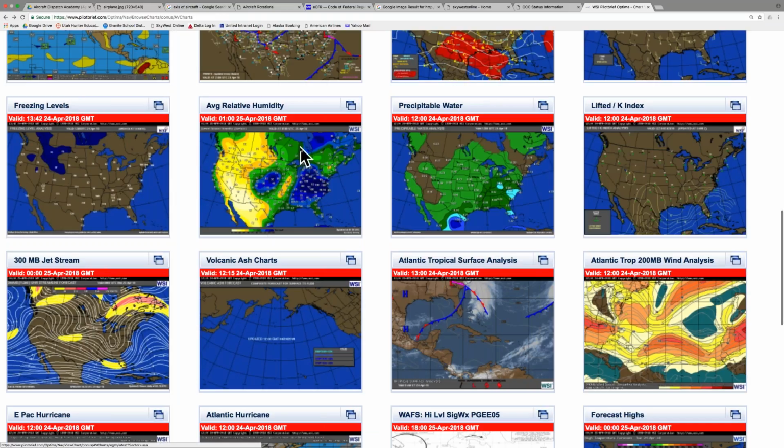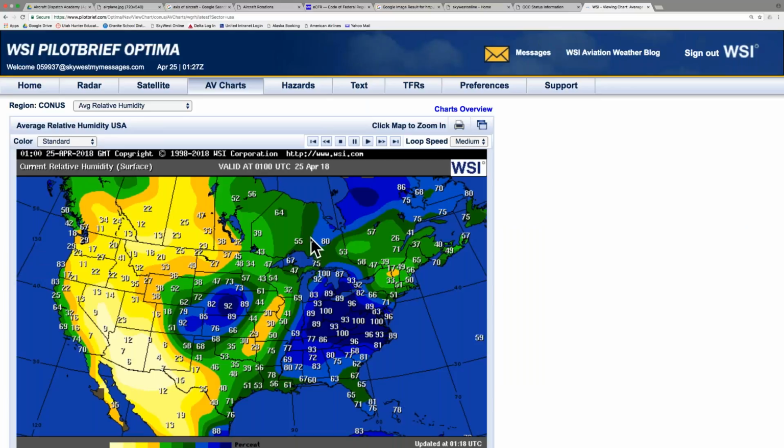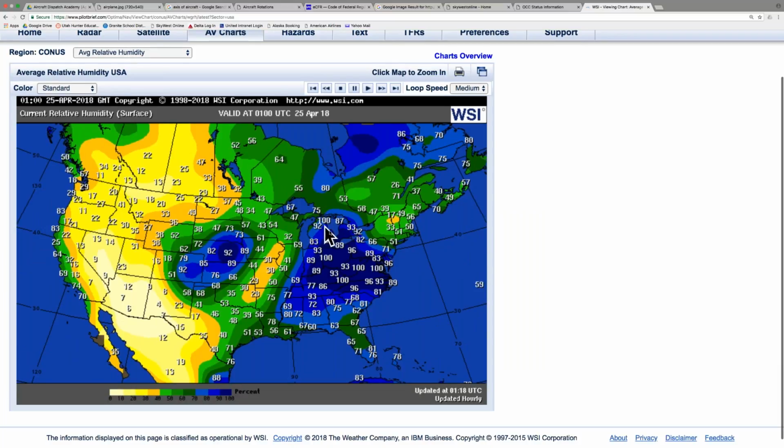When we talk about humidity with aviation, does anybody remember where that precipitation was that we looked at? It was all kind of in this area.